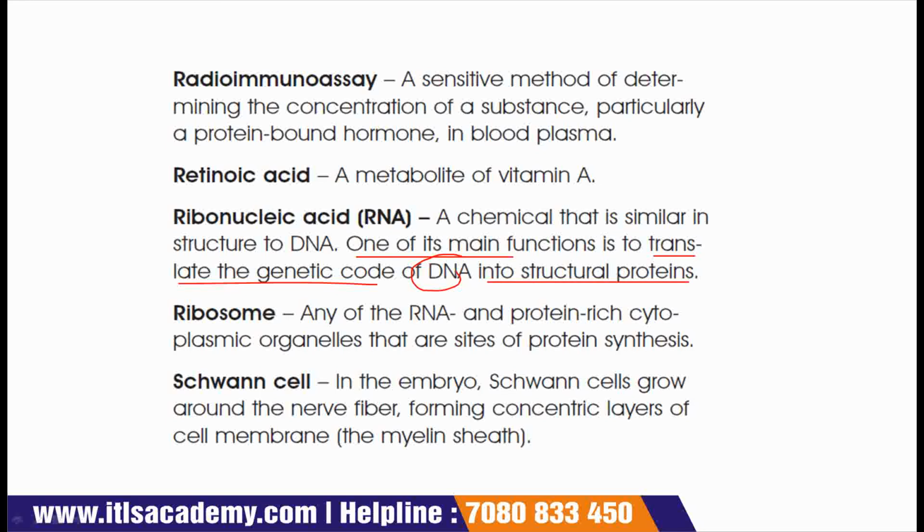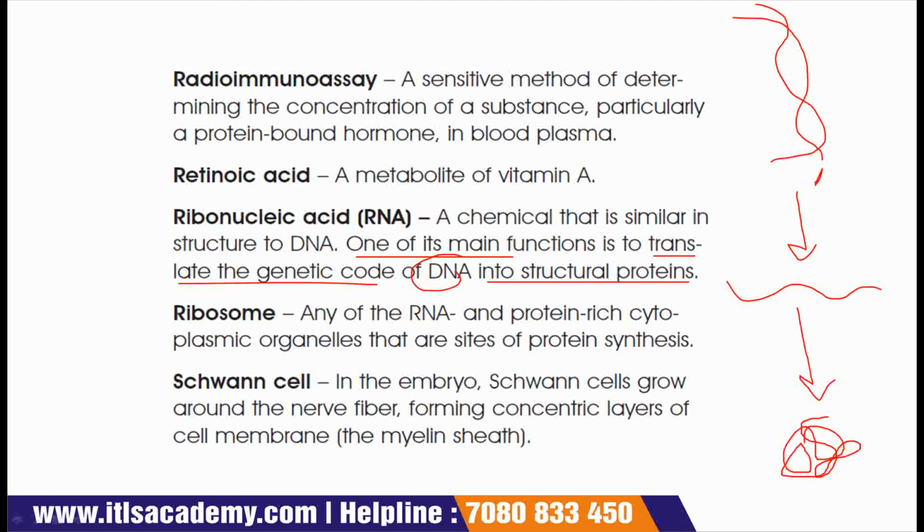What is this rule known as? This rule is known as the central dogma. That is, if this is our DNA, this DNA will form RNA by the process of transcription, and further this RNA will form protein by the process of translation.